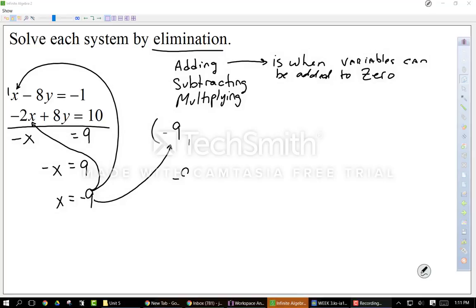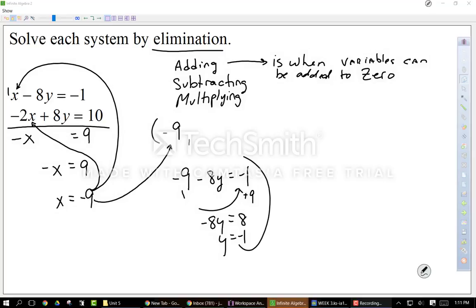So x is negative 9, minus 8y equals negative 1. When I add the 9 over, I get negative 8y equals 8. So y equals negative 1. Since y is negative 1, it goes in the y value of the coordinate. That is your solution to this particular problem.